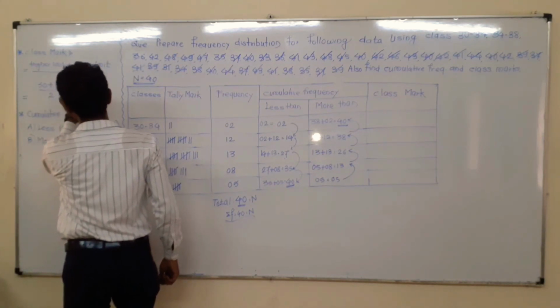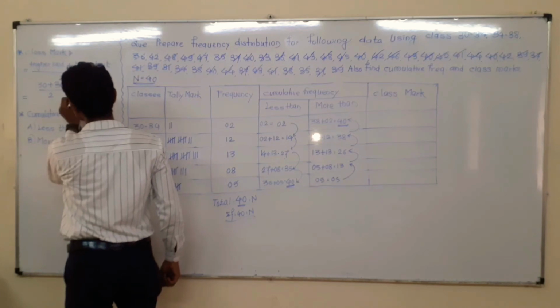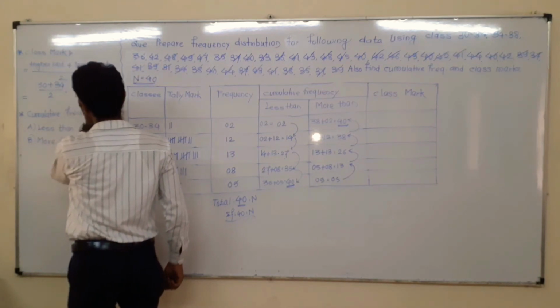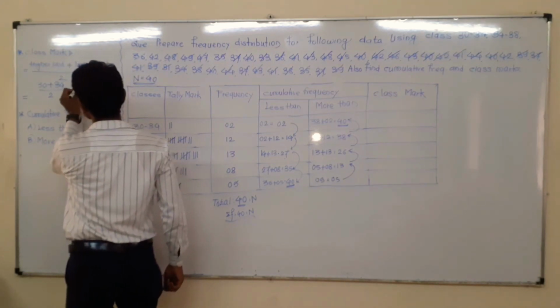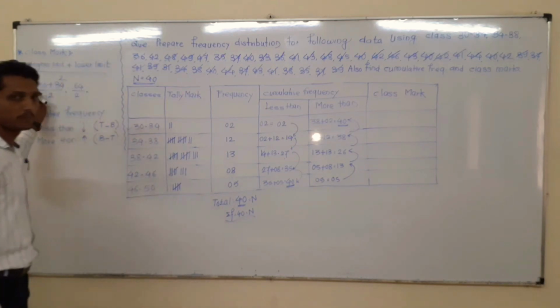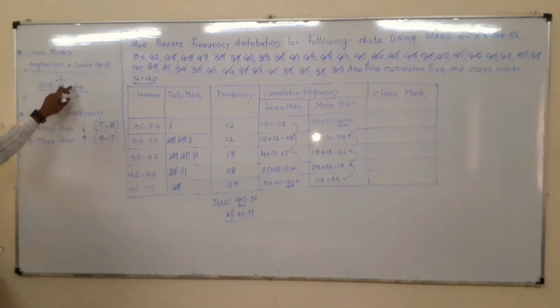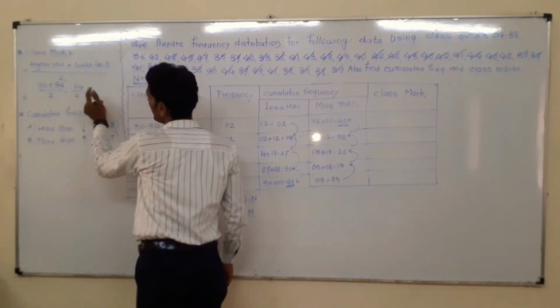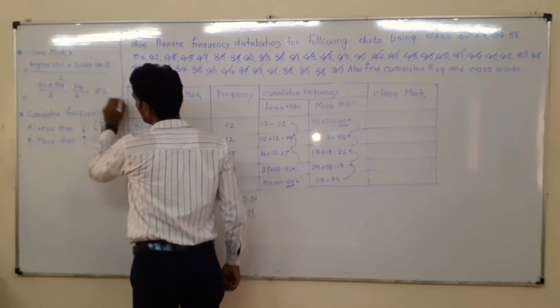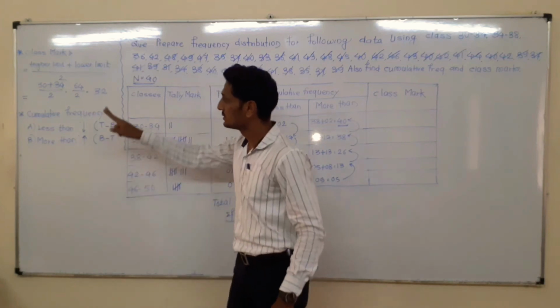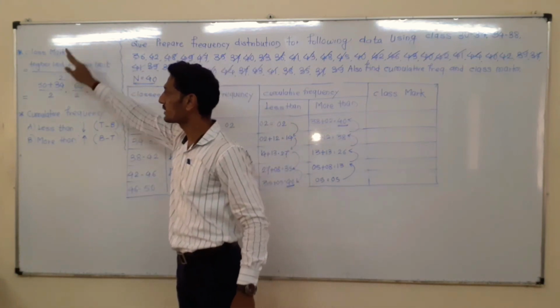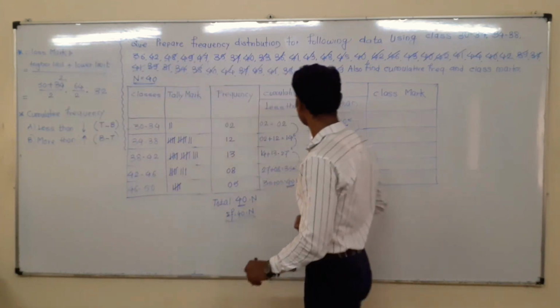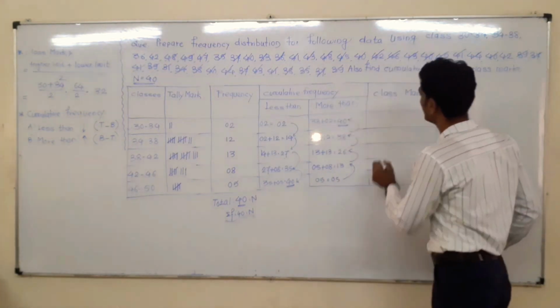Sorry, 30 plus 34, that is 64 by 2, that is 32. So 32 is the class mark of the given class, means this is 32.